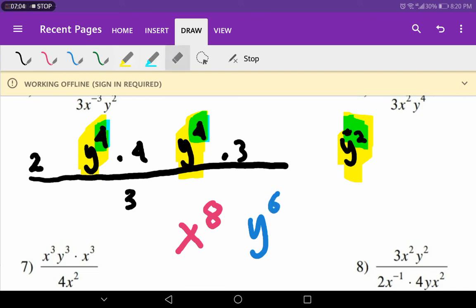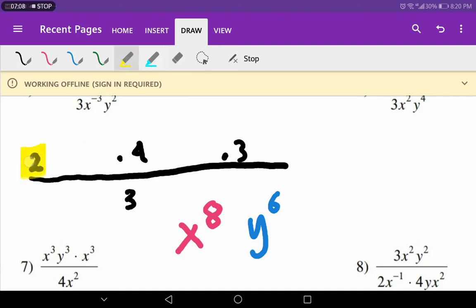What is left, my dear student? The coefficient, and the coefficients we just multiply together. 2 multiply 4 equals 8. Multiply 3 equals 24. Here I have 24, and 24 divided by 3 equals 8.